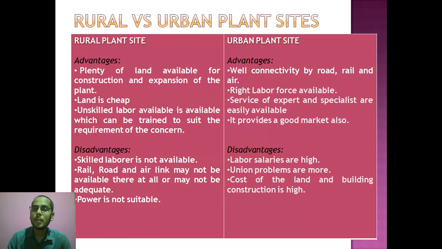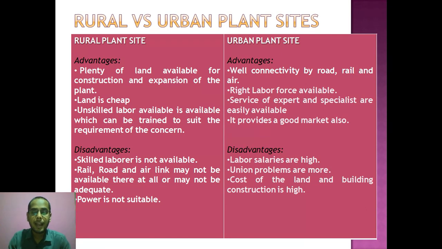Now what about disadvantages? Labor salaries are high. Obviously we will have to pay more if we have a plant in the city, so that's why people go from villages to the city for work, because they generally get high salaries. And union problems are more.